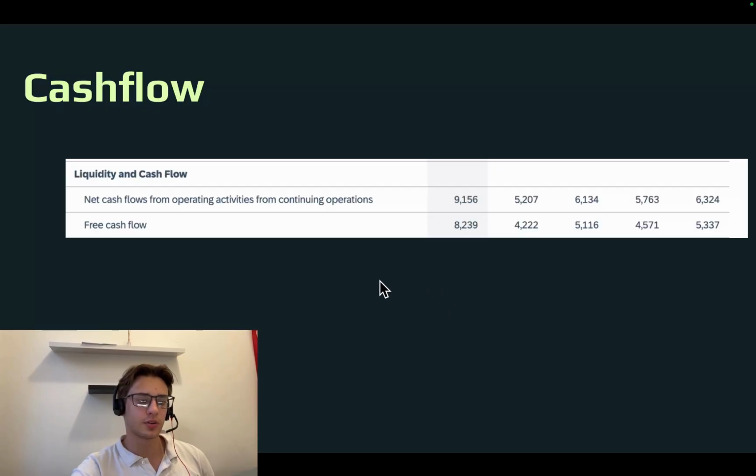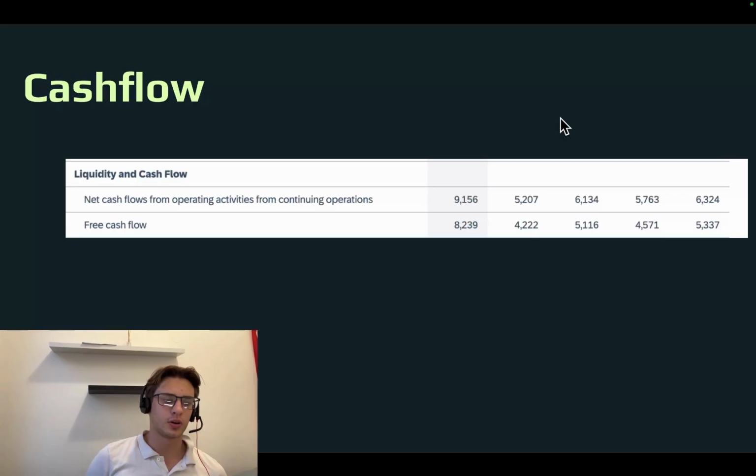And you can see here that cash flows were pretty much the same for 4 consecutive years, and then in 2025 they doubled, and I think it's also a nearly perfect situation for a large company like SAP, almost flawless.